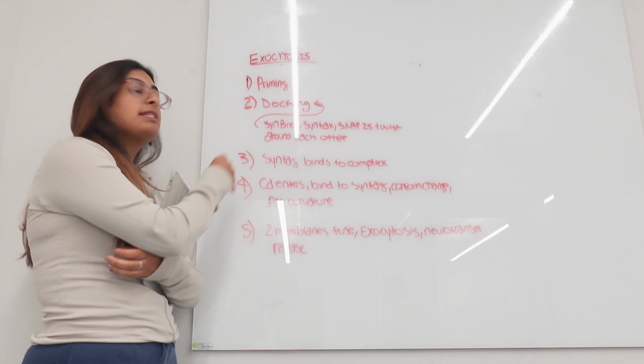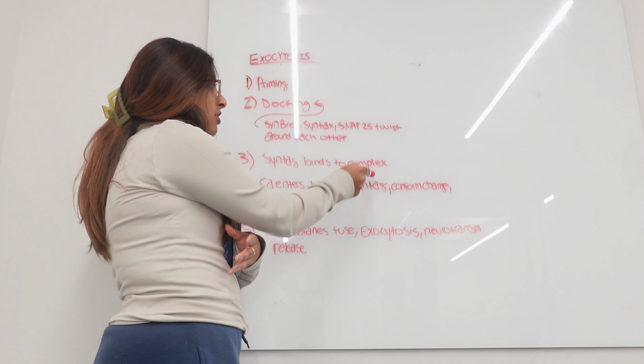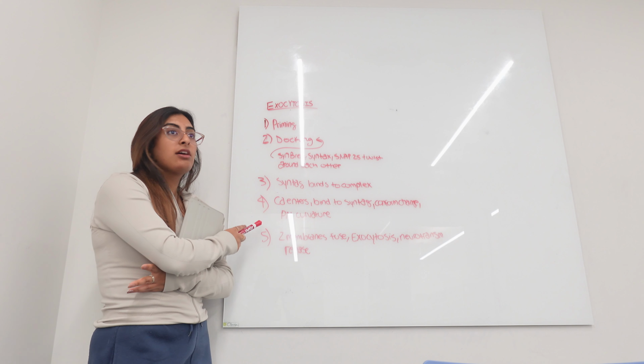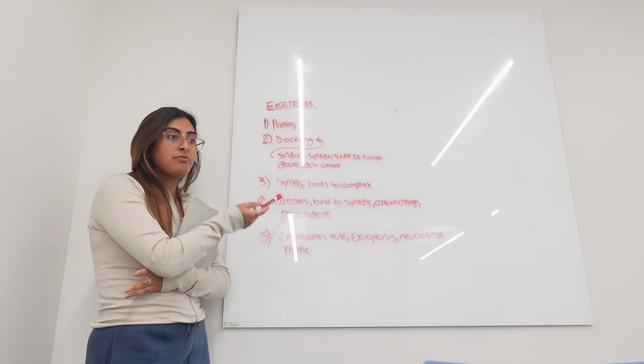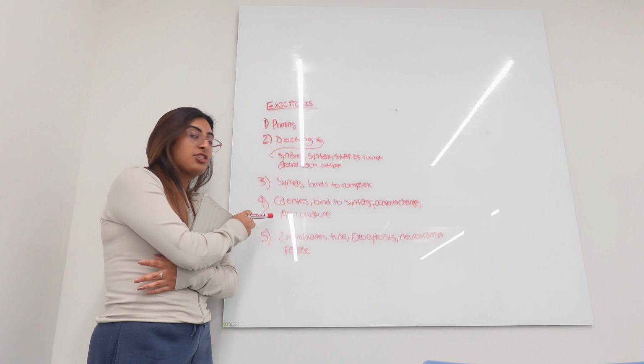Then synaptotagmin, which is another protein on the plasma membrane, binds to that SNARE complex, and then the calcium channels open and calcium enters.